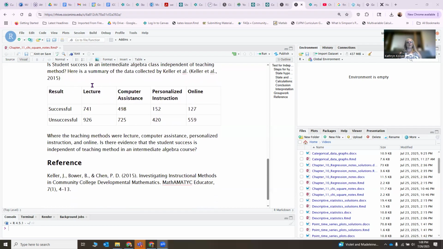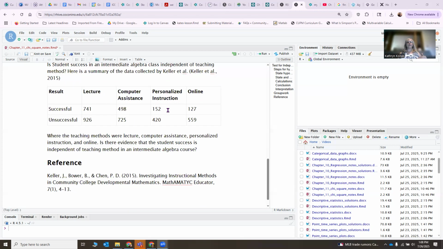We had lecture classes, and there were 741 observed people in a lecture course who were successful in the course. We had 926 in a lecture course who were unsuccessful. In a computer-assisted course, you had 498 who were successful, 725 who were not.